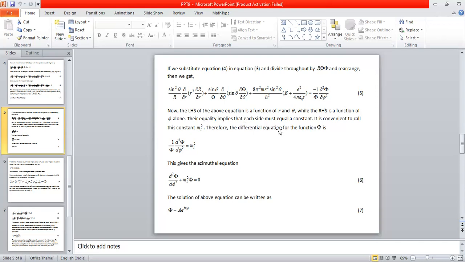So the left side term is a function of r and theta, the right side term is a function of phi only, and as per equation 5 they are equal.